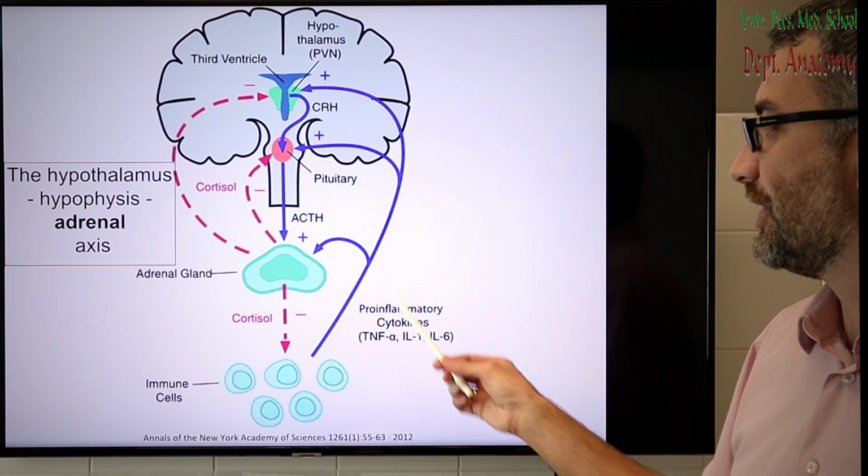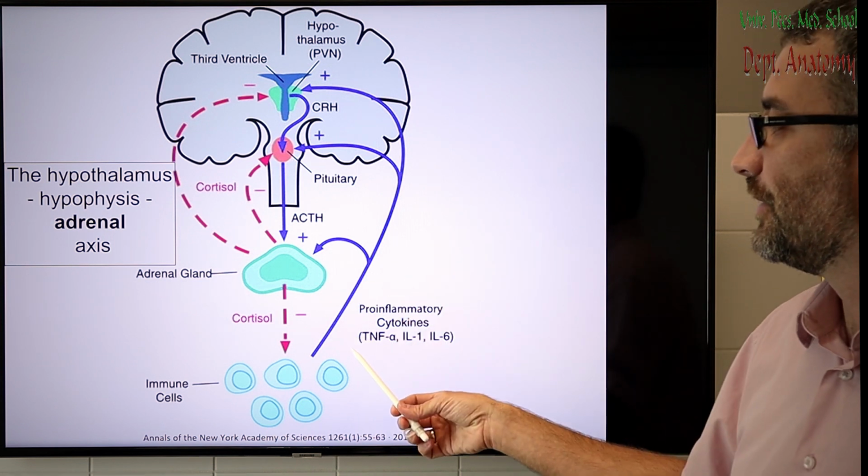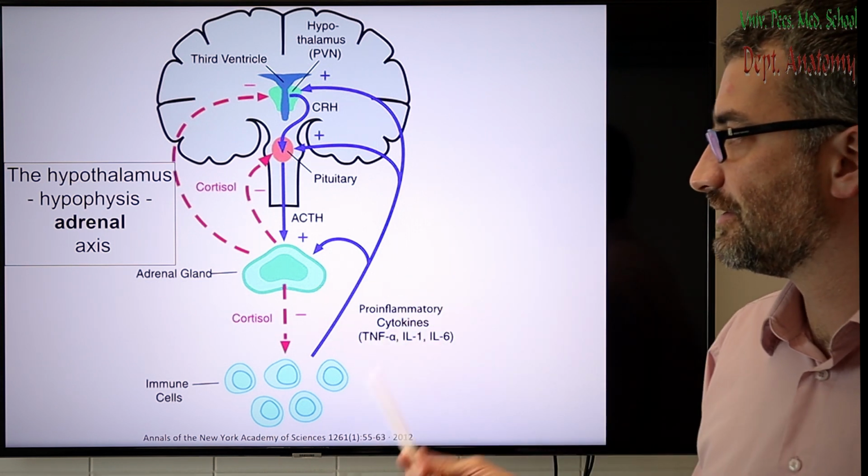And the main hormone is shown here, which is the cortisol, which affects various kinds of target tissues.